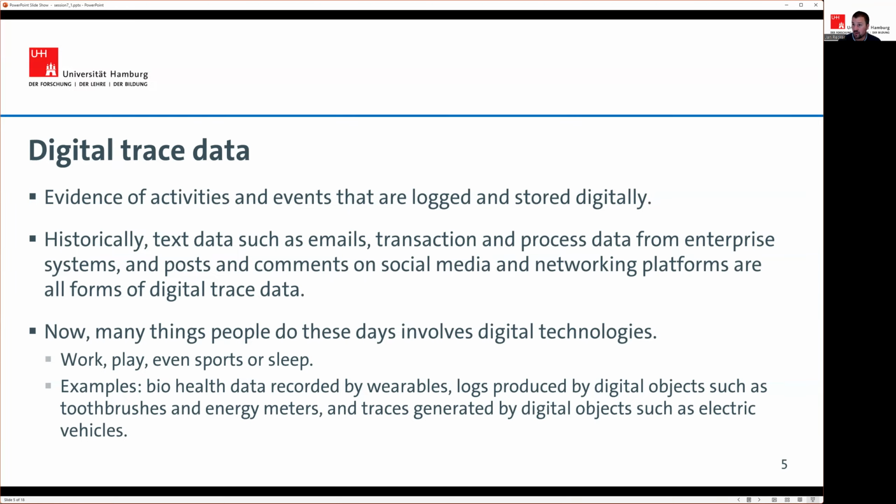How we work, but also how we play, sports, sleep, social activities, personal activities, health, shopping, exercise, anything of this usually is now at least involving, if not enabled or mediated or fully embodied through digital technologies, right? Meaning that we now have a lot more digital trace data about a lot more activities, both within and across work settings and also personal life settings, right?